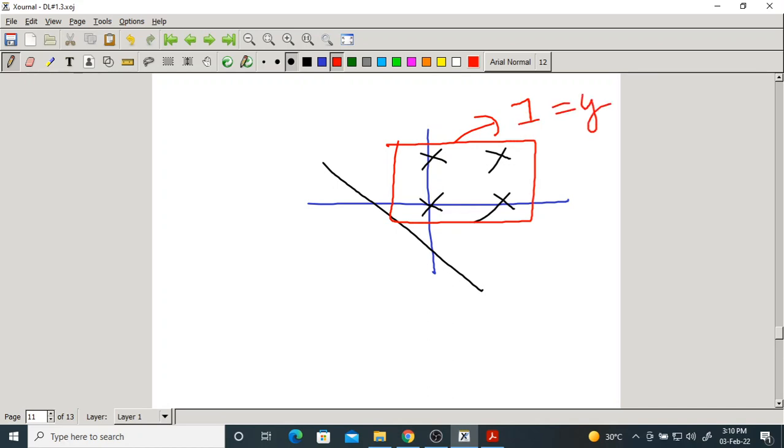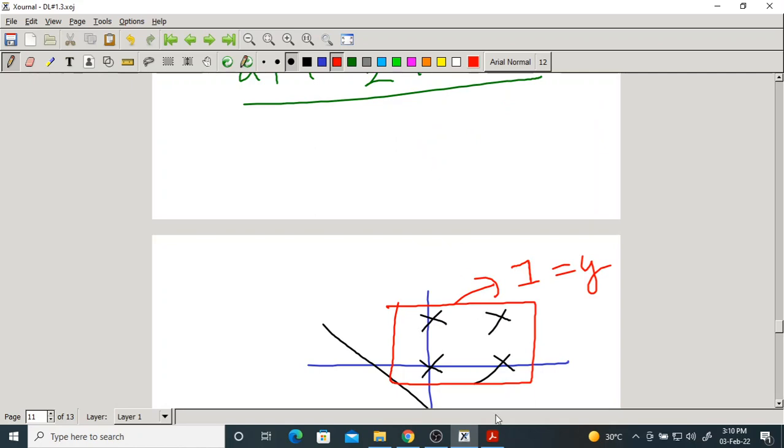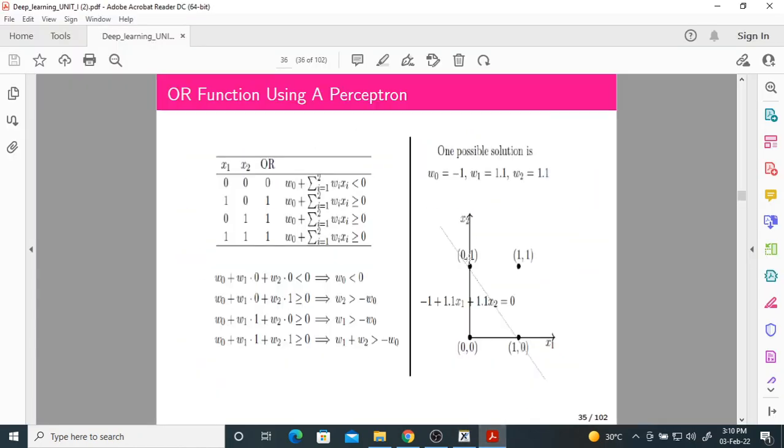That's the meaning. But in the OR gate, only 3 inputs produce output 1. One set of inputs produces output 0.